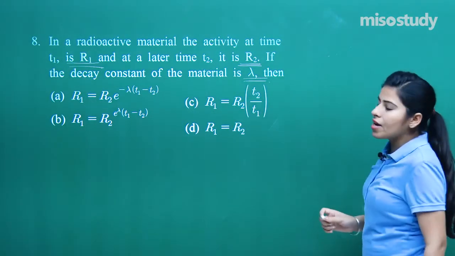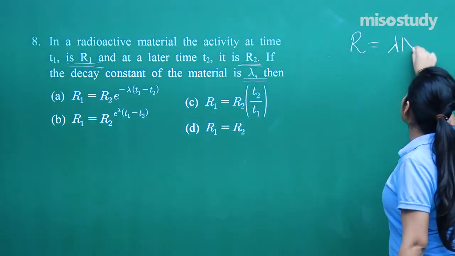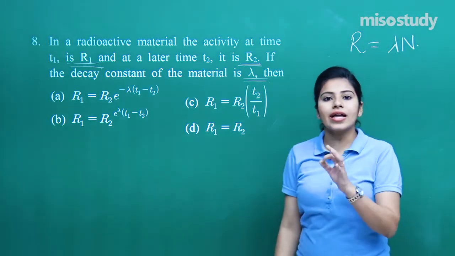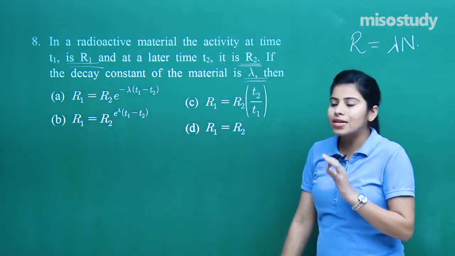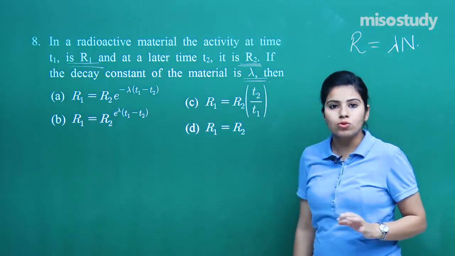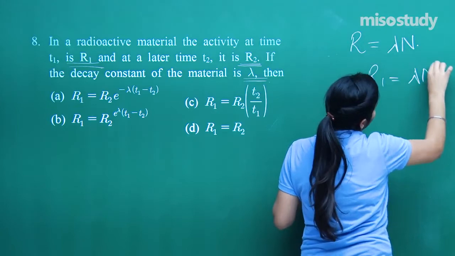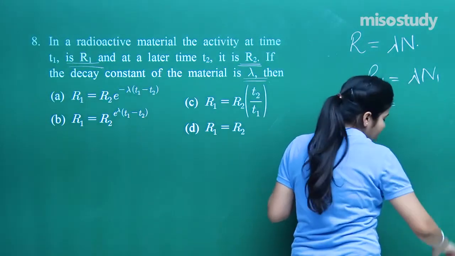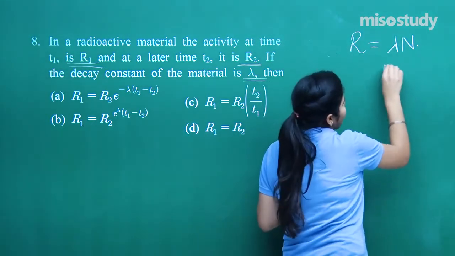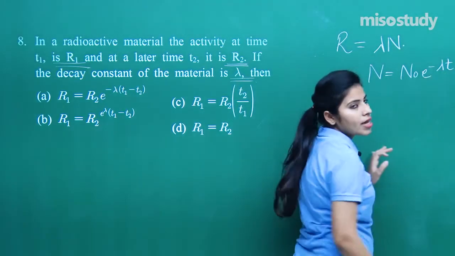We know that we can represent this activity by one relation, that is R equals lambda N. Because at time t1 our activity is R1 and at time t2 the activity is R2, I know that N equals N naught e raised to the power minus lambda t, isn't it?